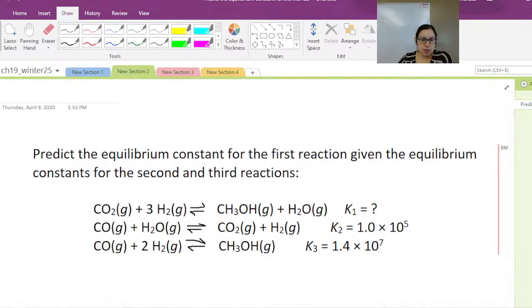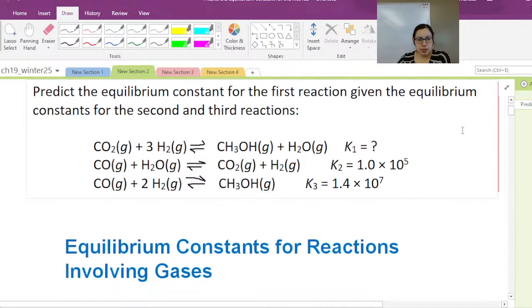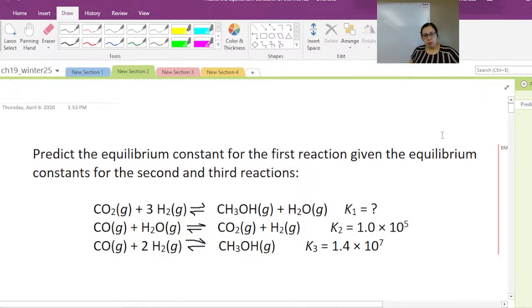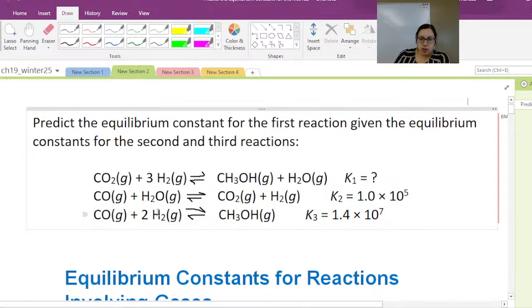All right, so let's keep going. And so now, let's see if you could figure out K1. So you're given these series of reactions. And so K1 is CO2 plus 3 equivalents of H2 to give us methanol and water.